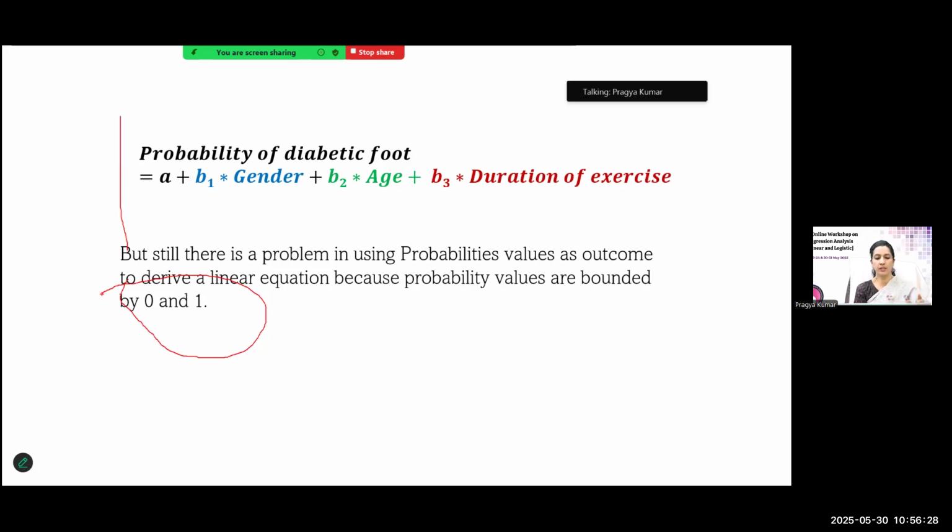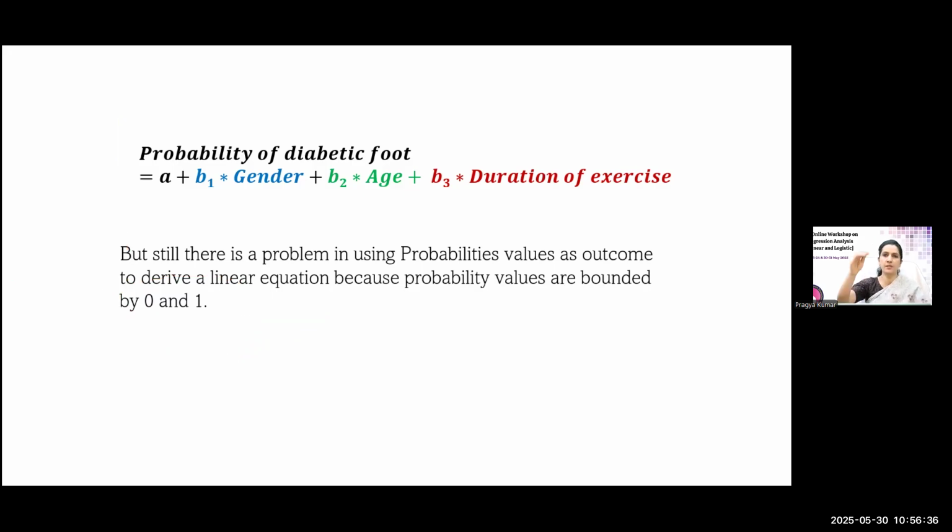If you agree, then it has a ceiling effect, because it cannot go beyond 1. Ceiling means it is restricted by a ceiling. It cannot go beyond 1. So 1 is acting like a ceiling for the values of the dependent variable.